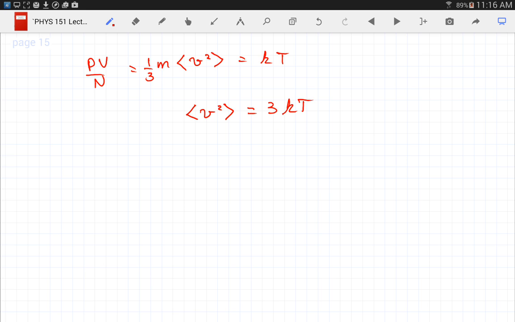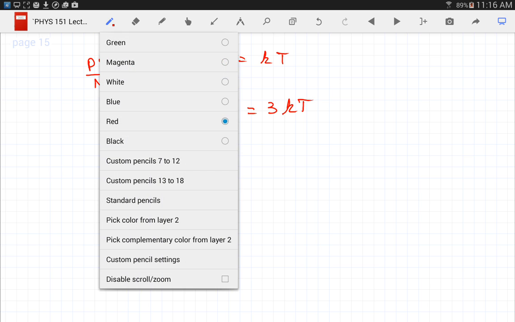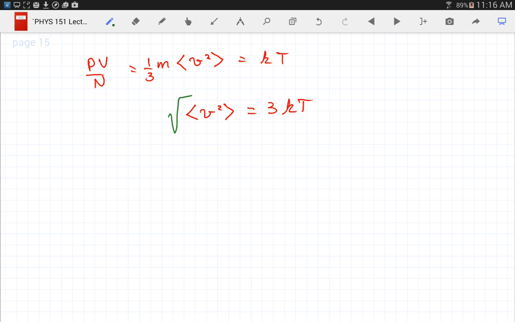So if I want to find the average velocity, what do I do? You have to say, not so fast, señor. I can't directly find the average velocity from this. I can square root both sides, but then I have the square root of the average of the squares.